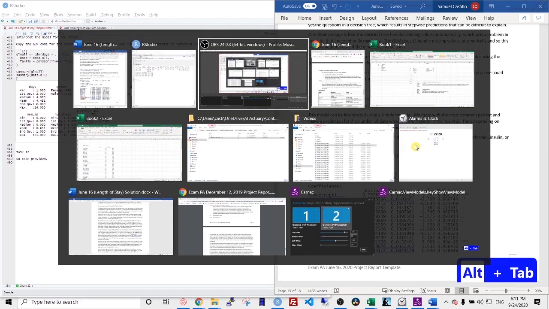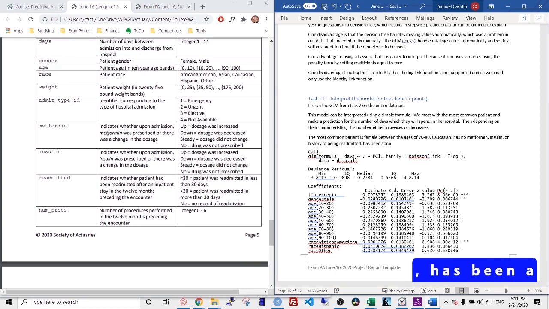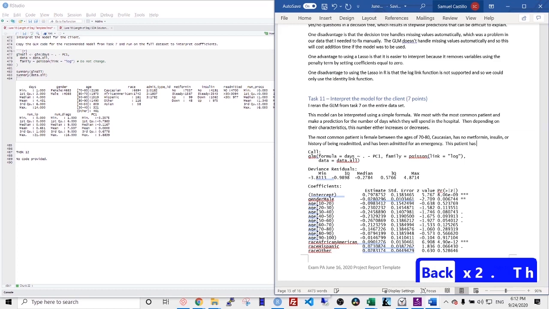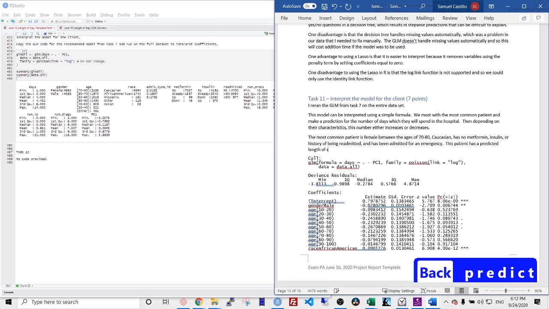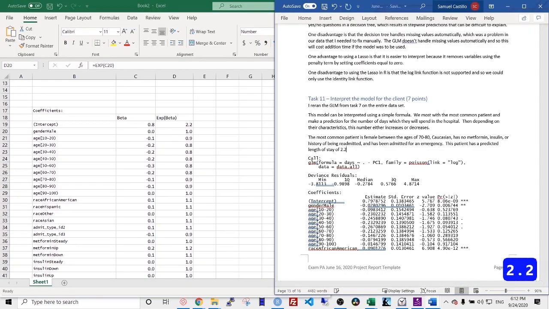What is admit type 1? Admit type 1 was emergency visit. Has been admitted for an emergency, and then these other variables are numeric. So this patient has a predicted length of stay of, so we take e to the 0.79, which turns out to be 2.2 days.